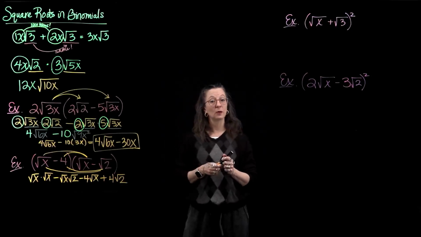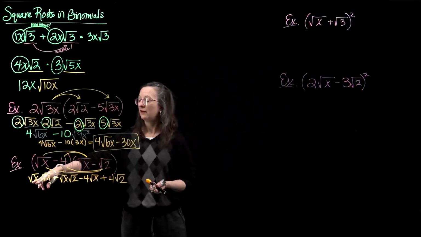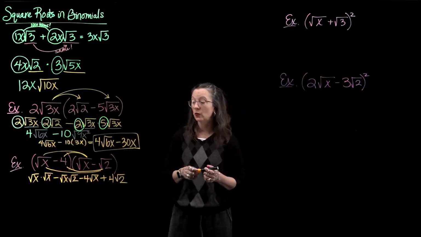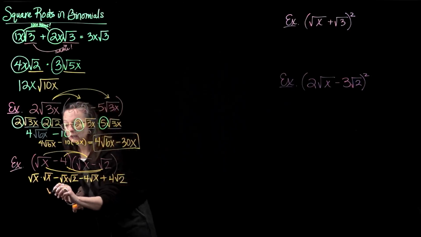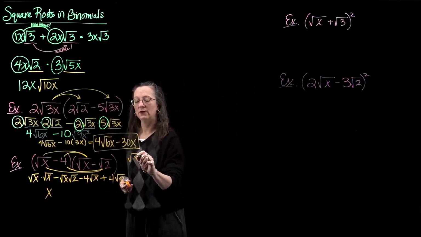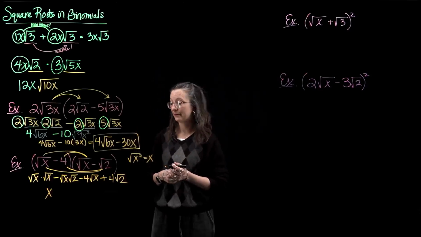All right, so let's go back and see what we can simplify. Where I have square root of x times square root of x, that would be square root of x squared, which is also equal to x. I'm going to write down that x here, but I'll make a note over here that the square root of x squared, remember that is just equal to x.